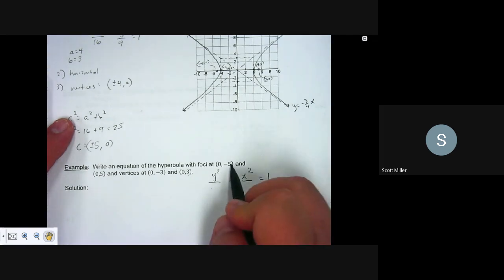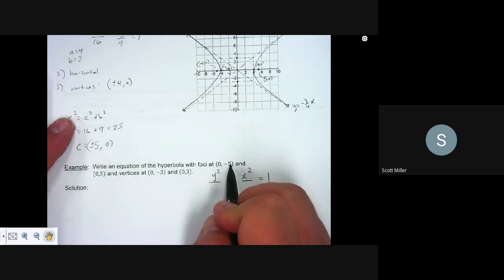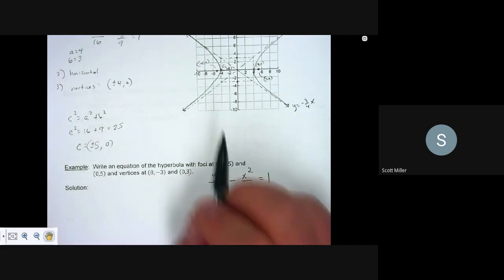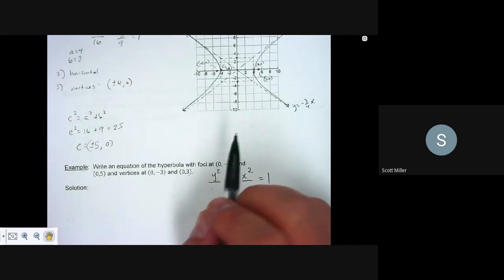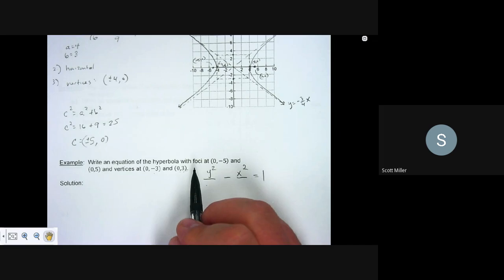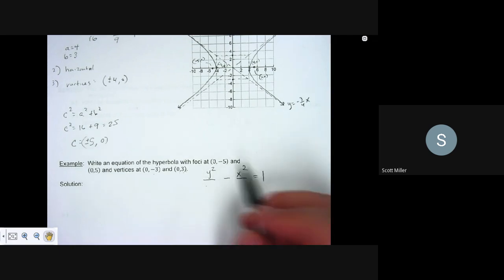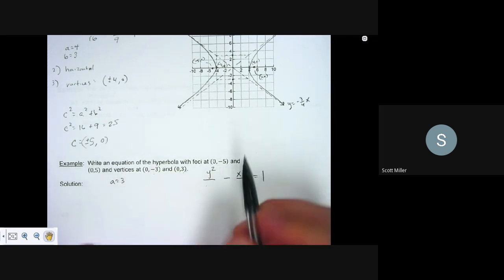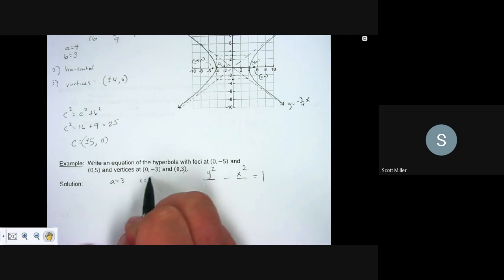Now, from here, these are A. I'm sorry, those are the foci. These are the numbers that are going to be squared. So this is going to be your A, at 3. Okay. C is 5.